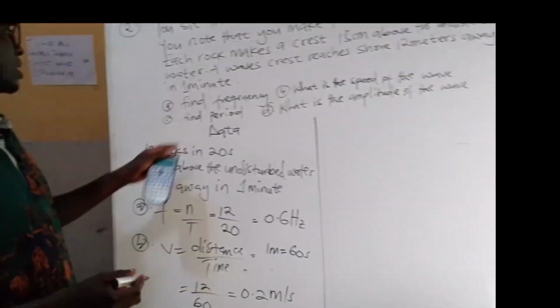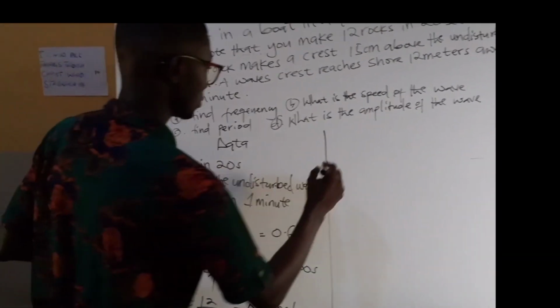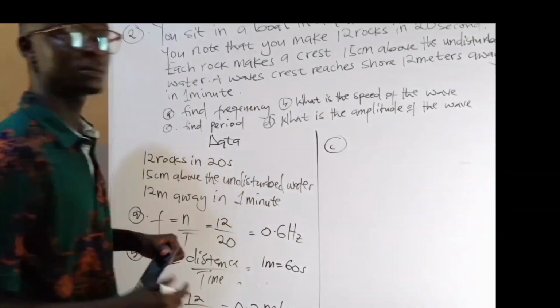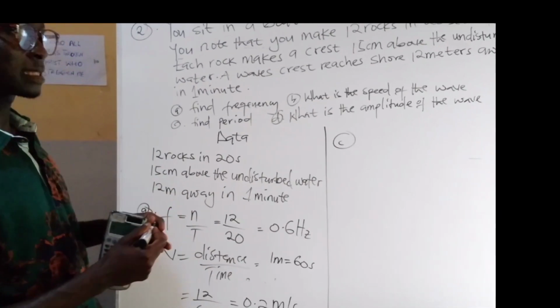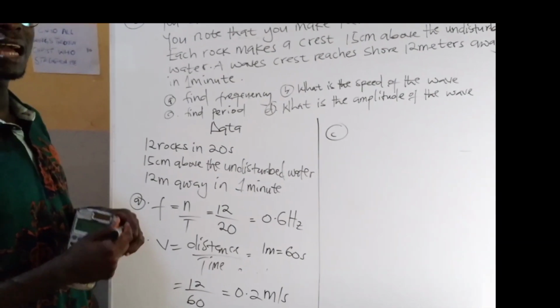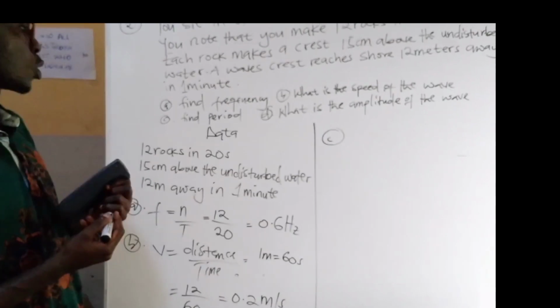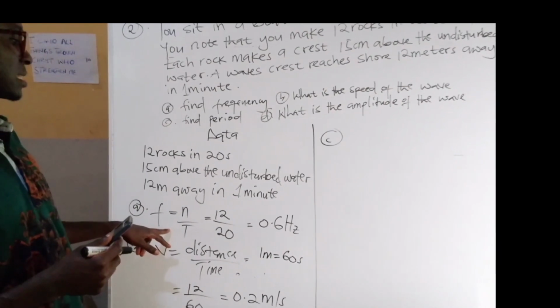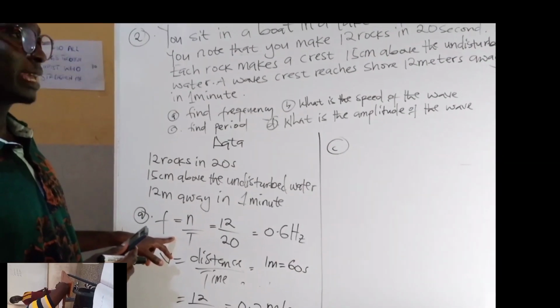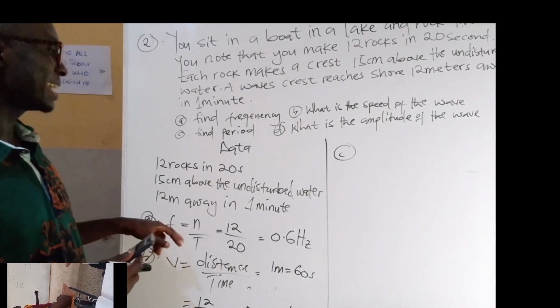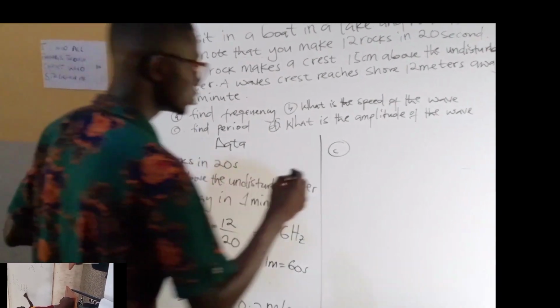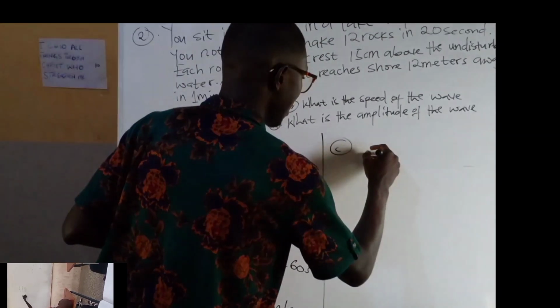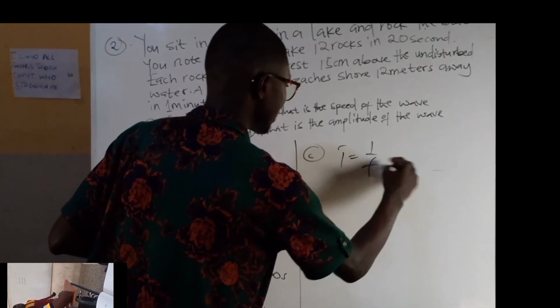Quickly going on. Now they say we should find the period, which is the C part of the question. Now we also know that period and frequency are inversely related. So we have been able to find the frequency from question A. So we can find the period using the relation that our period is equal to 1 over the frequency.